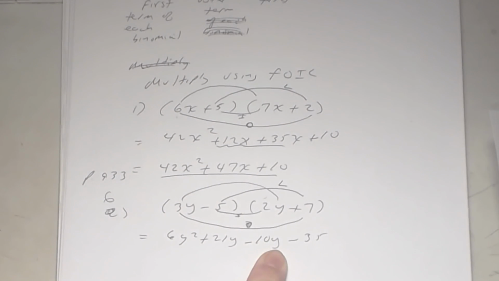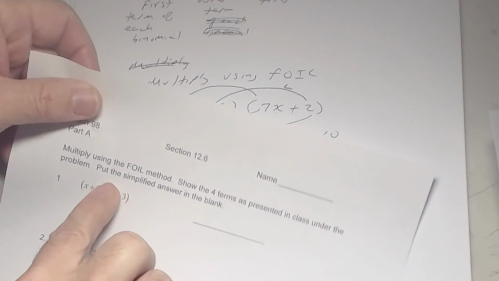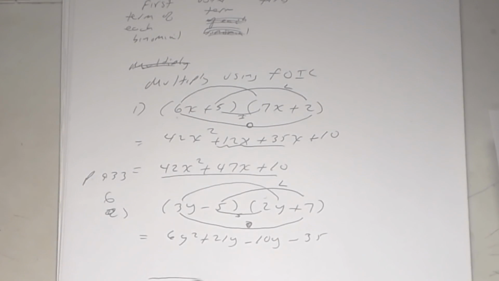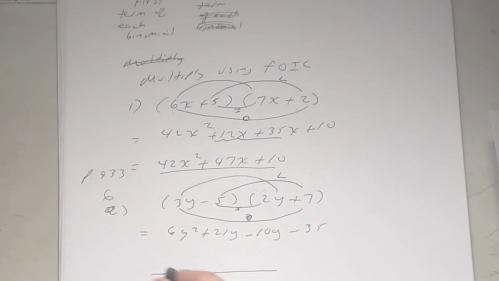Then it says put the simplified answer in the blank. What do I mean by the simplified answer? When you do what to those terms? Combine them. So what's your answer? Plus 11y, good. Minus 35. So that's your answer.